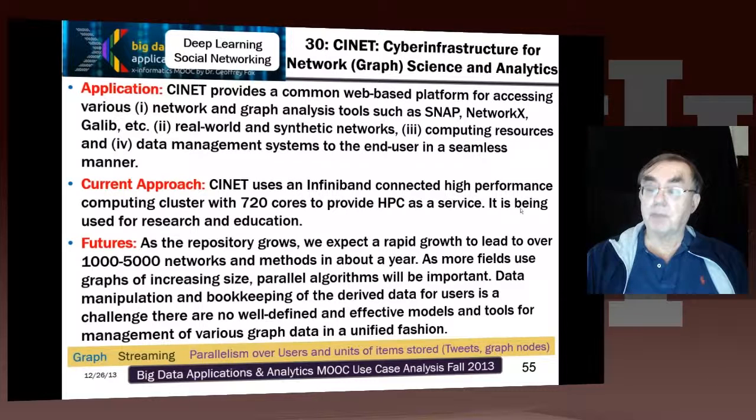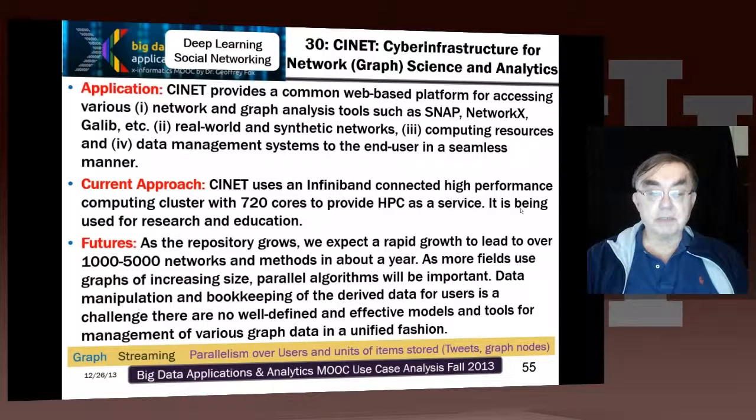This is a network science resource called SciNet, headed at Virginia Tech, and it's basically a database holding graph information and other types of population data, and a compute resource, and a set of analysis tools which basically allow you to analyze this data and do your research.